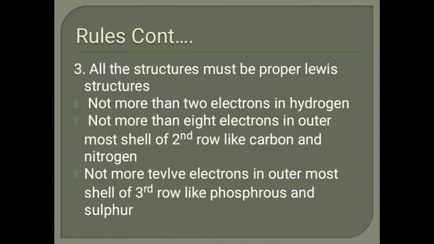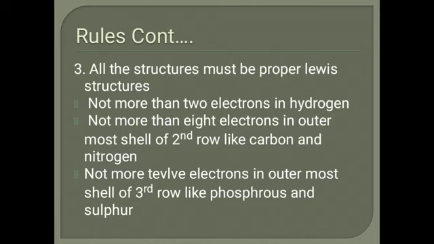Therefore hydrogen should make only one bond. If hydrogen makes more than one bond and contains more than two electrons, then the structure will not be a proper Lewis structure. The second one is not more than 8 electrons in the outermost shell.